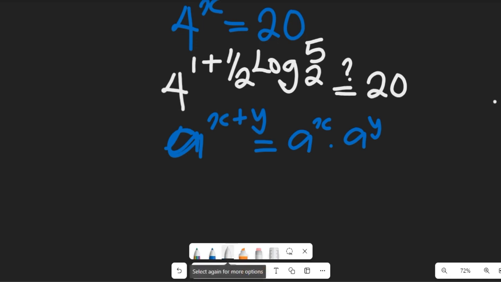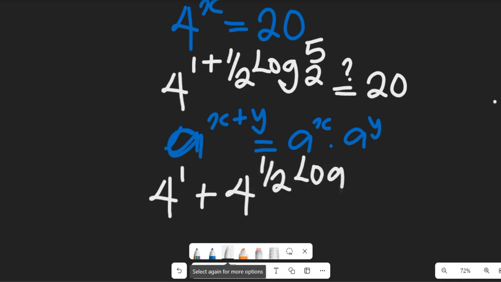So if I apply that here, I can have 4 to the power of 1 times 4 to the power of 1 divided by 2 log of 5 base 2, right? And will this give us 20?